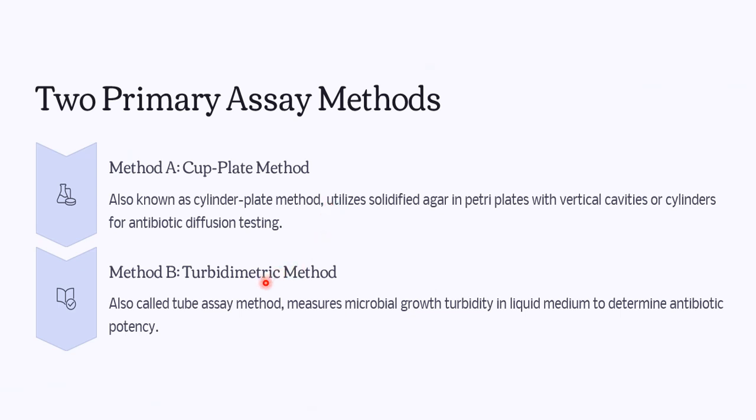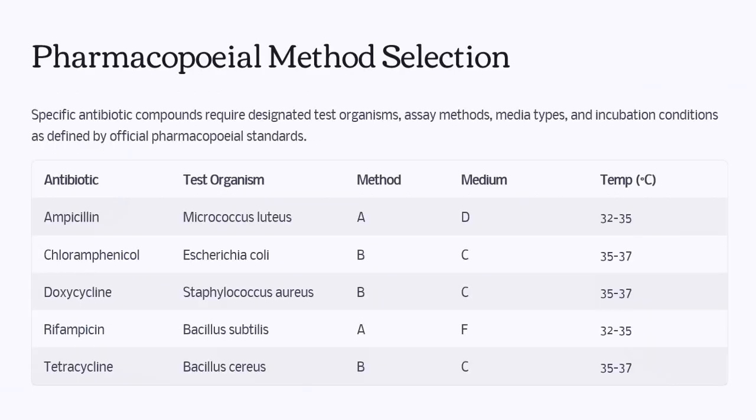Method B is the turbidimetric method. It is also called the tube assay method, which measures microbial growth turbidity in liquid medium to determine antibiotic potency. We already discussed the different methods used for antibiotic assay, and the different conditions and media for antibiotic assay.